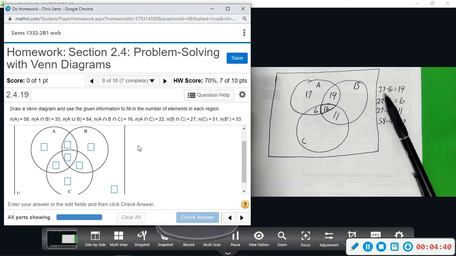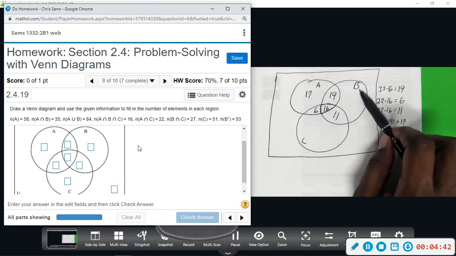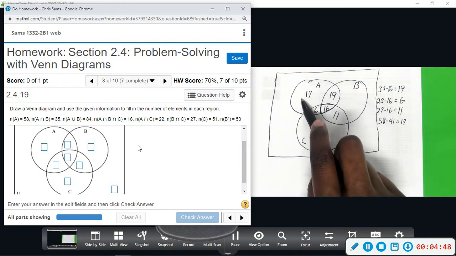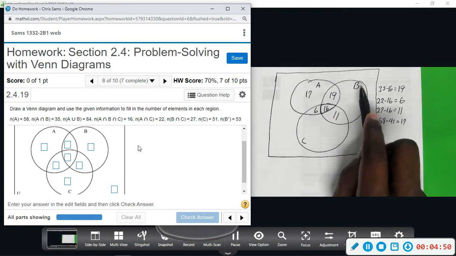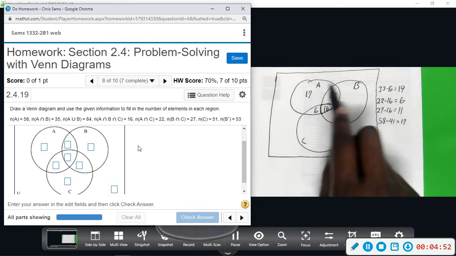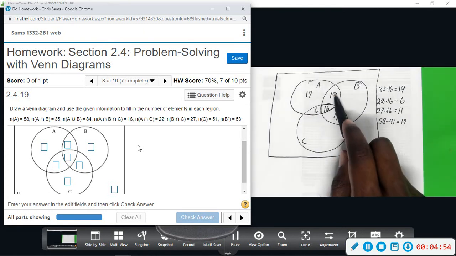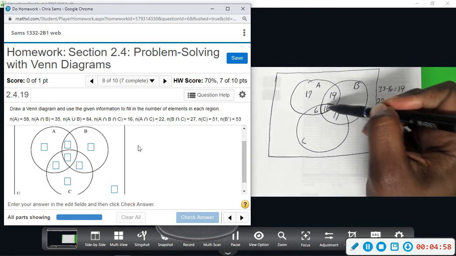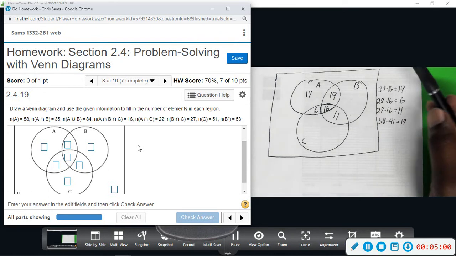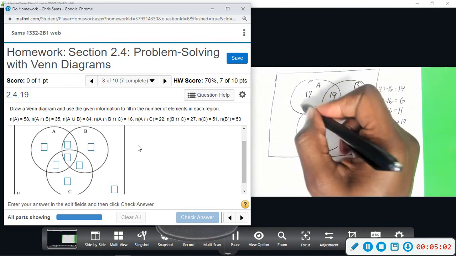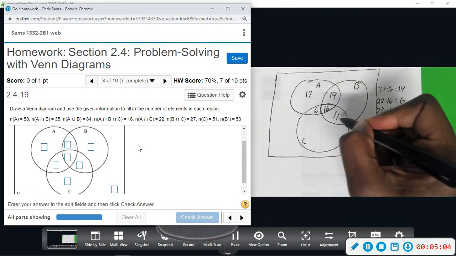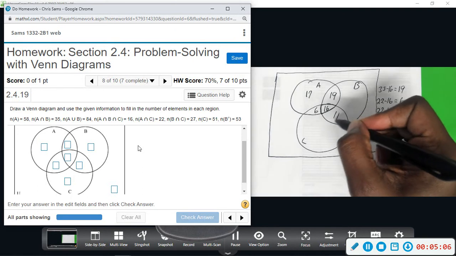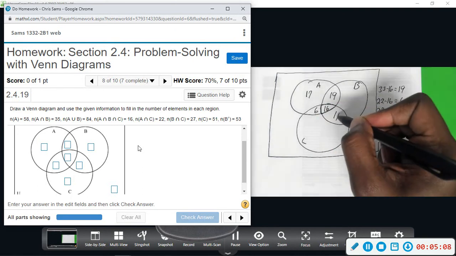Okay, and now what do we have next? We have A union B. So all of A and B together, we know that equals 84. So all we need to do is add up all of these parts and take away 84. We already have 58 plus 11. 58 plus 11 is 69.